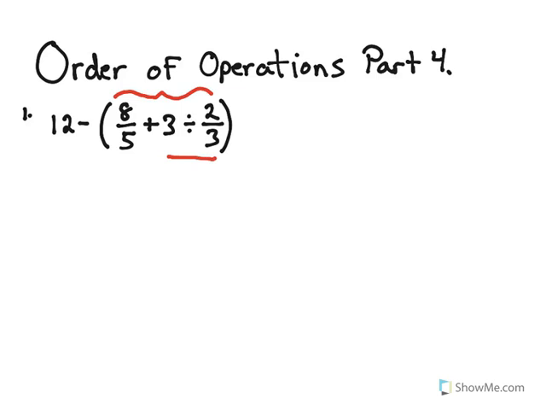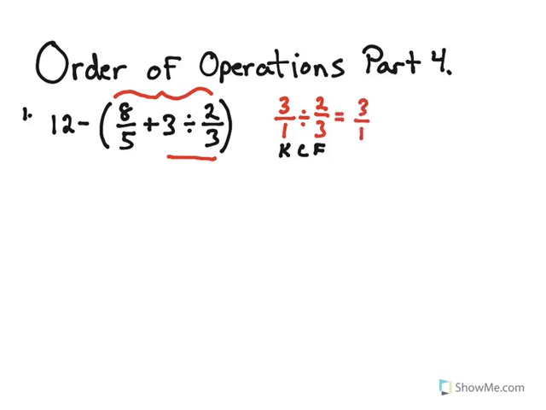So the first thing we're going to do is take 3 and write that over 1, and we're going to divide by 2/3. The rule of division is keep, change, flip, or KCF, an easy way to remember.